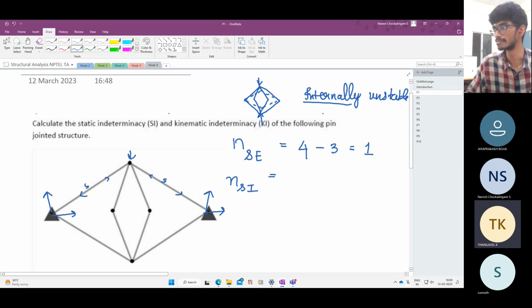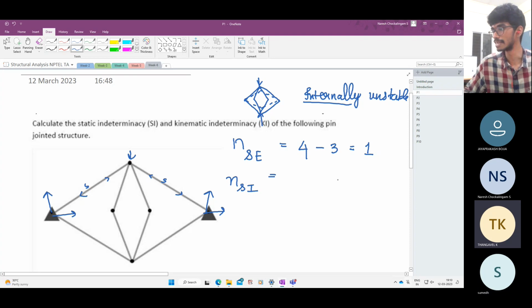It's not like a usual truss. But since I have extra supports, since there is an external indeterminacy, this structure is actually stable. Along with the supports, if I subject it to forces, there cannot be a mode of deformation where the members are not stressed.